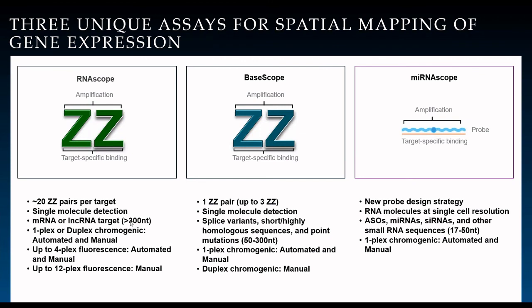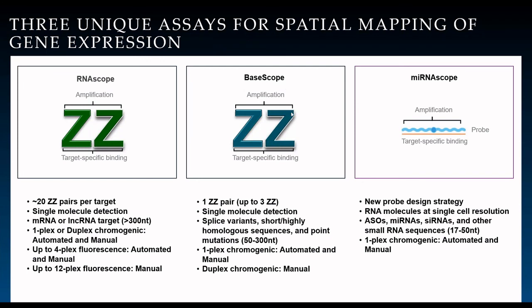We have flexibility in plexing for up to 12 plex, where you can visualize 12 targets simultaneously. Our second assay is our BaseScope assay, which is our specialized assay to detect really short sequences between 50 to 300 nucleotides in length. These are mainly used to detect splice variants, highly homologous sequences, and point mutations. And this is available as a single plex and duplex assay, both in automated and manual formats.